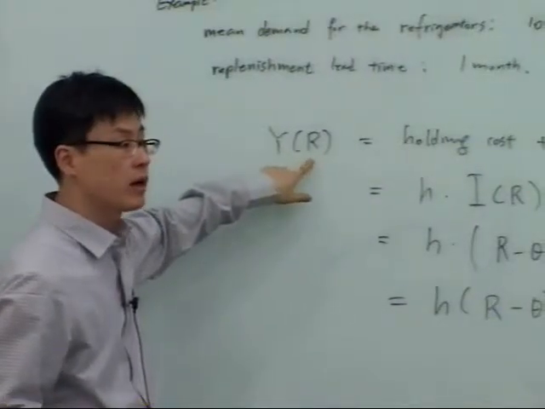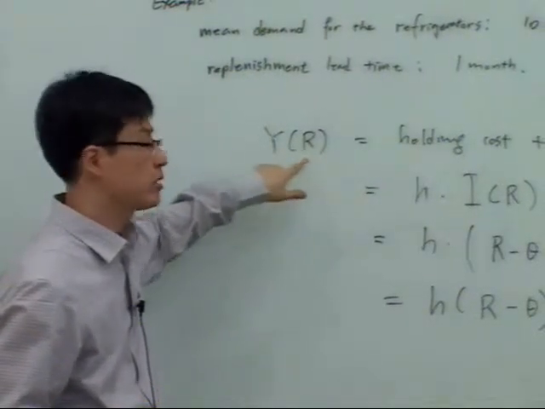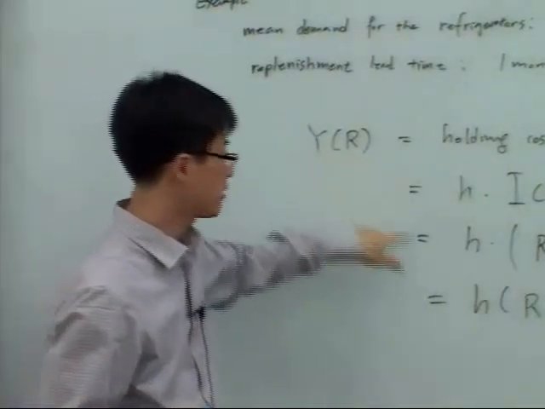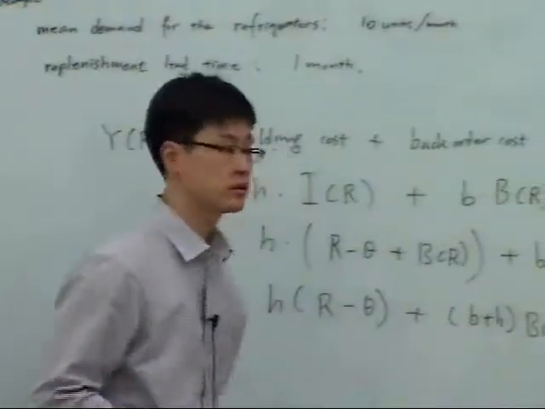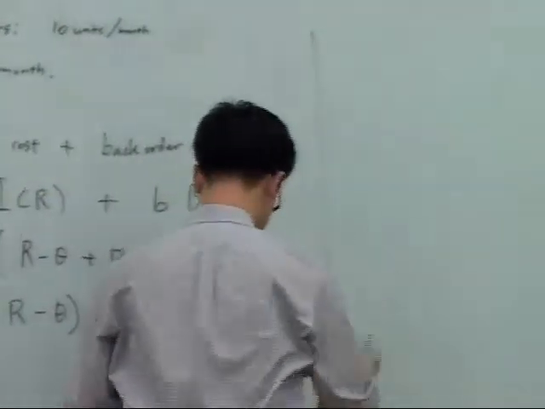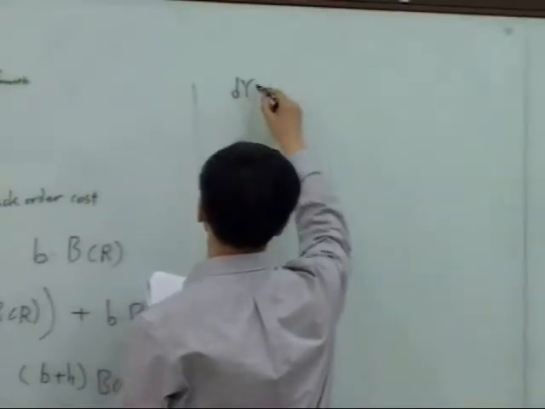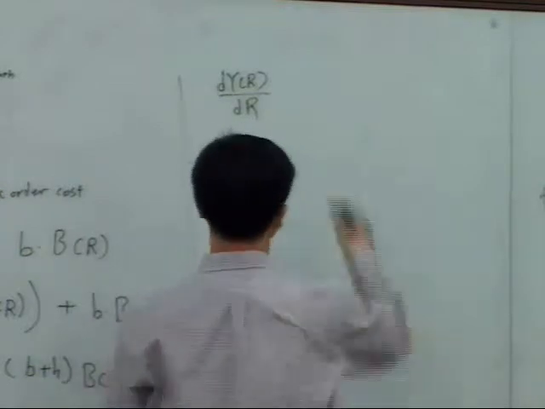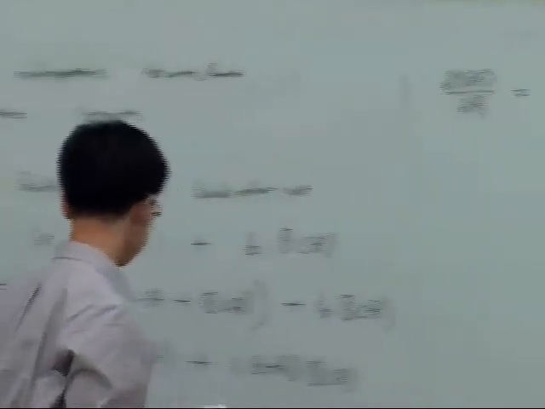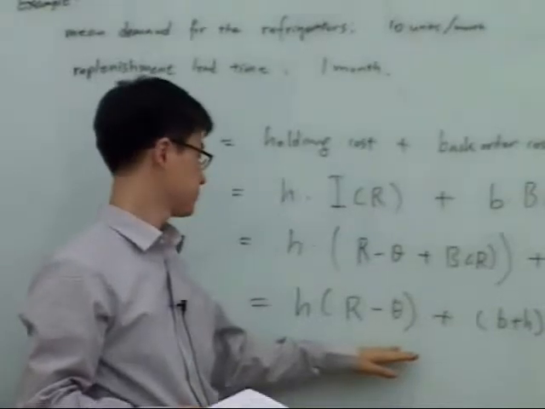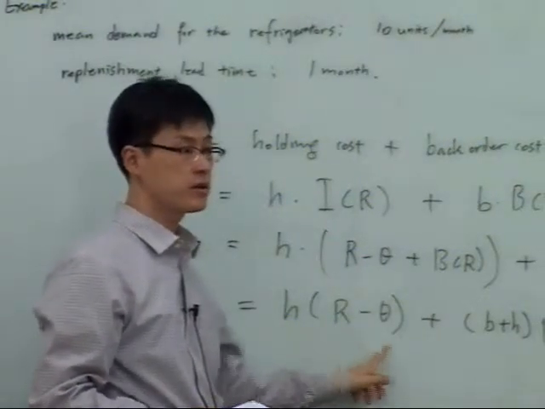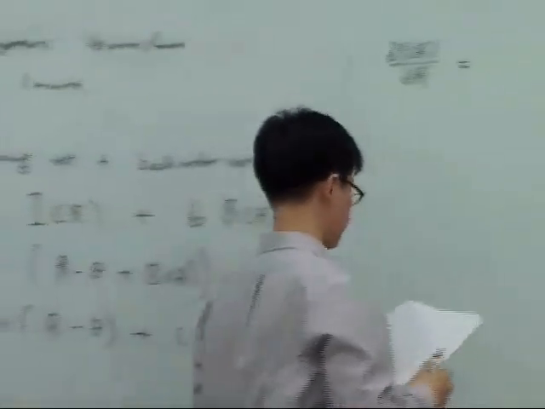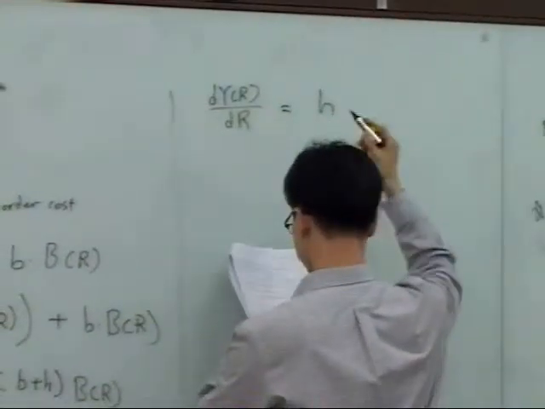Well, in order to find the minimum cost, we will do the differentiation with respect to R, and we have an R term there. So let's do the differentiation, dYR over dr. First term: if you differentiate this with respect to R, only H remains.